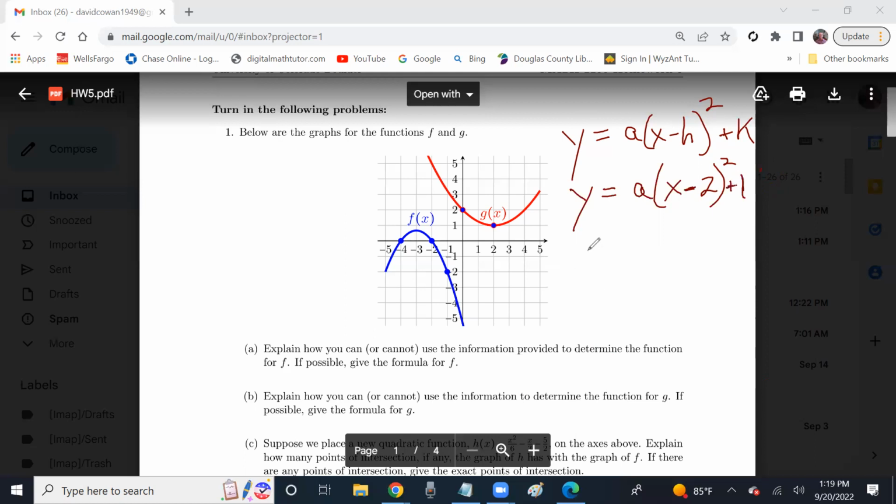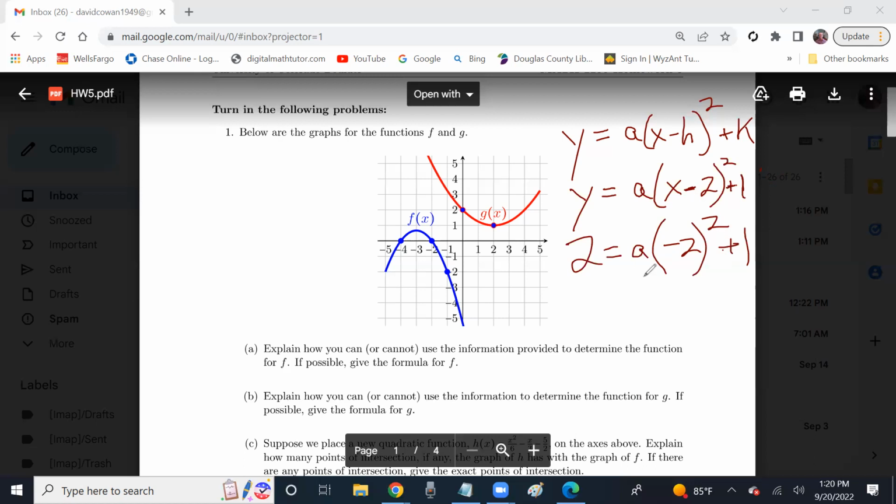And then we can go ahead and plug in another point, doing 2 equals a parentheses 2 minus 2 squared plus 1. So solve that for a. It'd just be 4 plus 1 is 5 minus 2. So it'd just be 3, right?